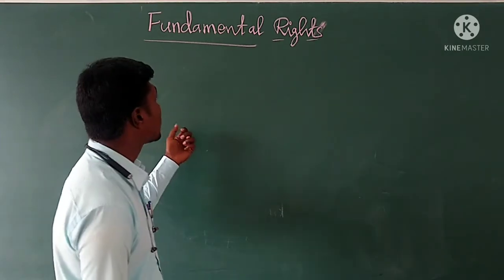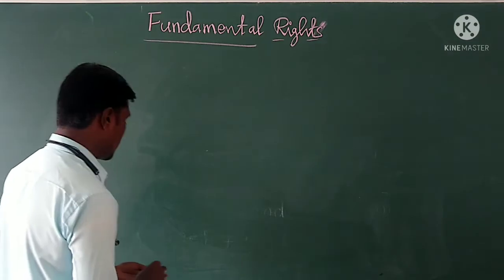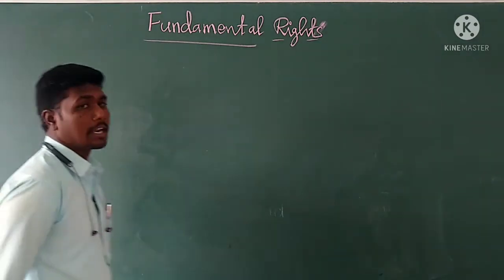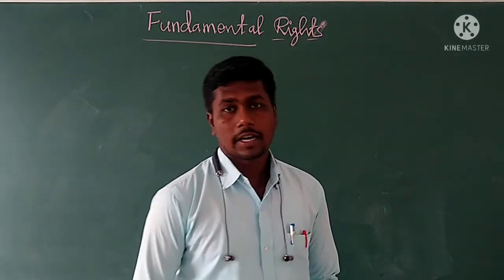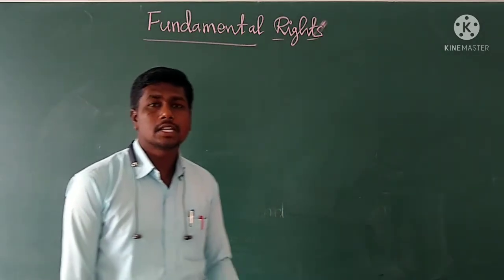Now today we are going to learn the fourth key feature of the Indian Constitution. The fourth key feature of the Indian Constitution is fundamental rights. It is the fourth important major key feature.